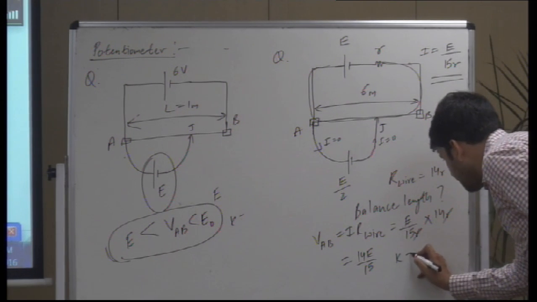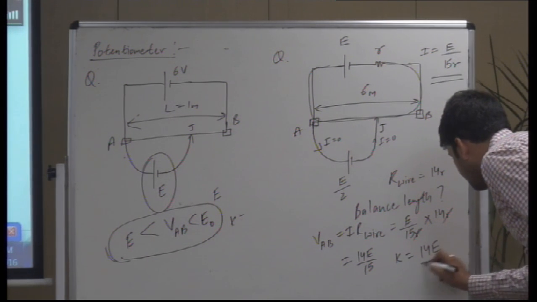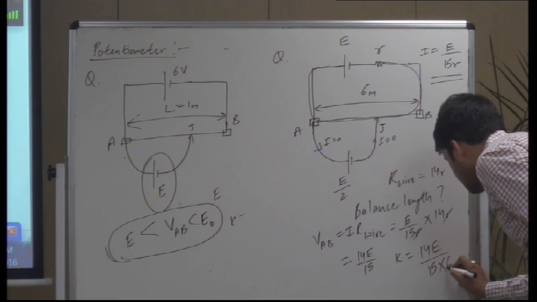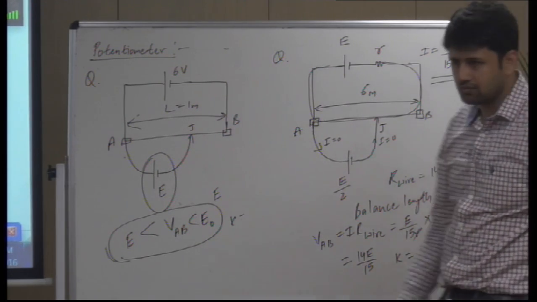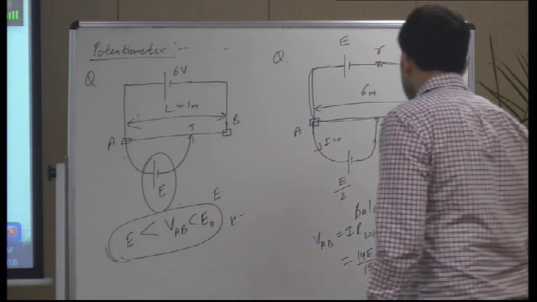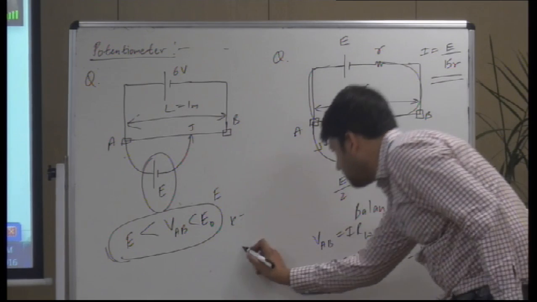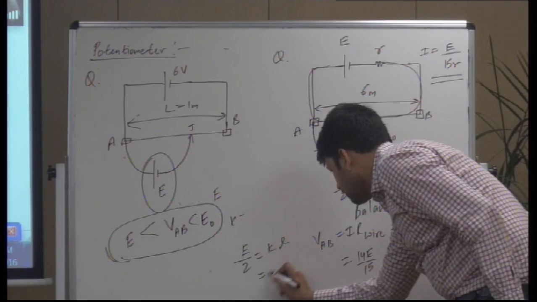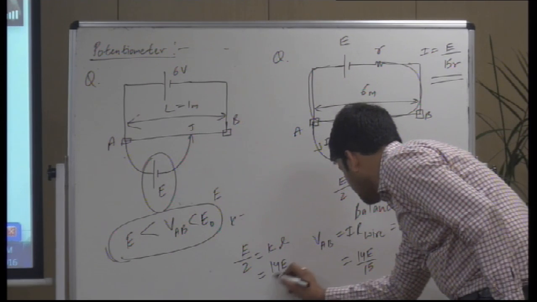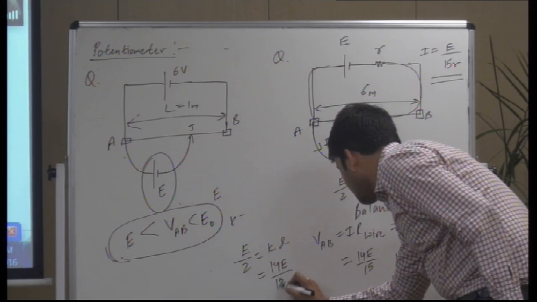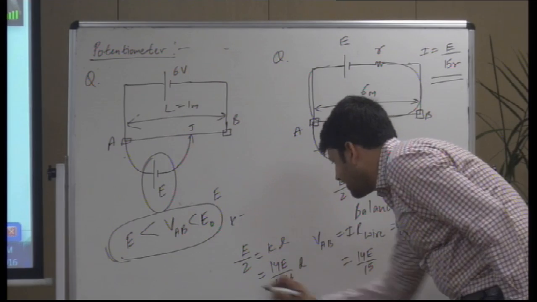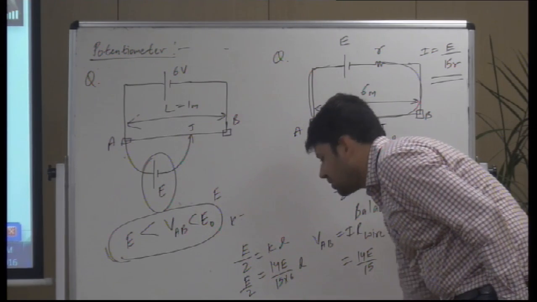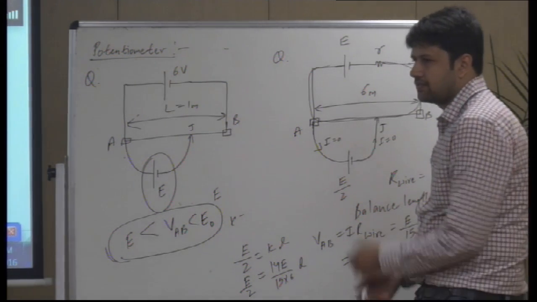Potential gradient would be 14 E by 15 into 6. Now for this, E by 2 is equal to K into L, which is 14 E by 15 into 6 times L. ठीक है. E by 2. You can find the answer.